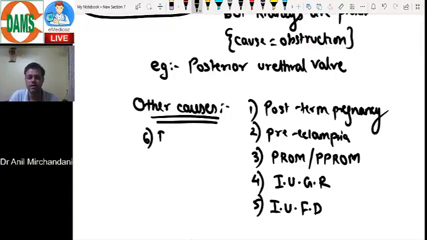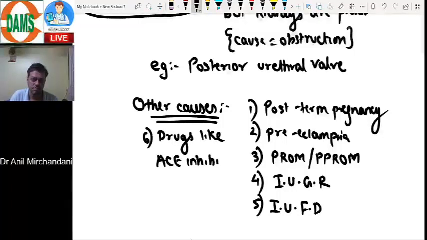Then drugs like ACE inhibitors, captopril, enalapril, lisinopril. ACE inhibitors are contraindicated in pregnancy. They cause oligohydramnios, and in fact they can cause fetal congenital anomalies of the renal system.